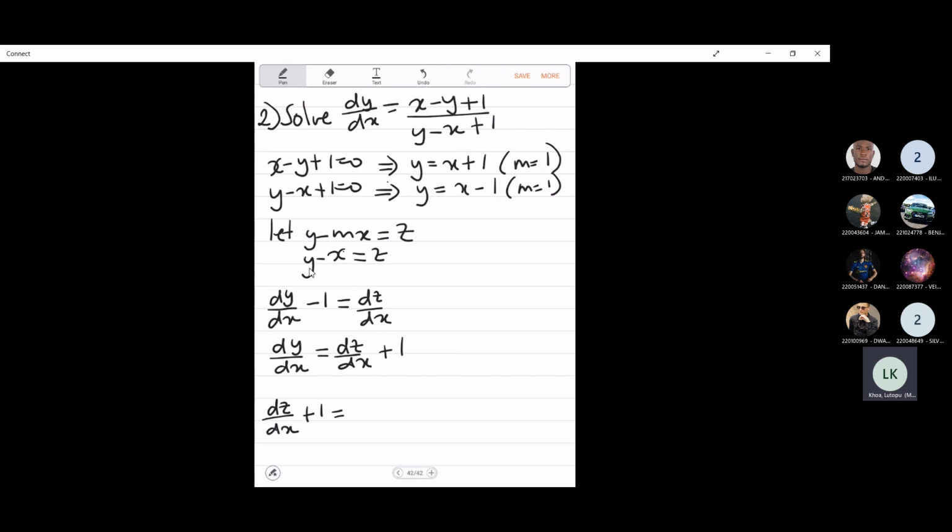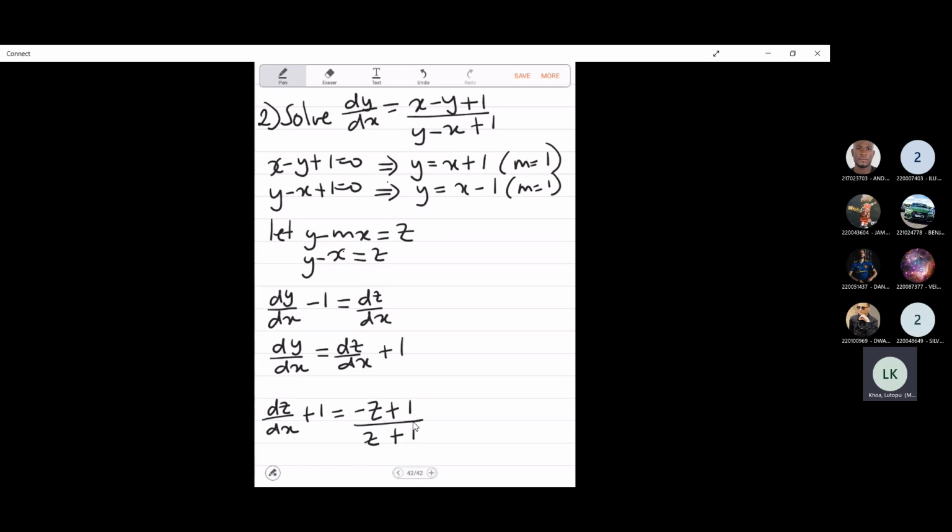Here we have y minus x, so x minus y will be negative z. So this is negative z plus 1. And then in the denominator, y minus x is equal to z. So I have z plus 1. Okay, so now I have substituted this and that into the original equation.